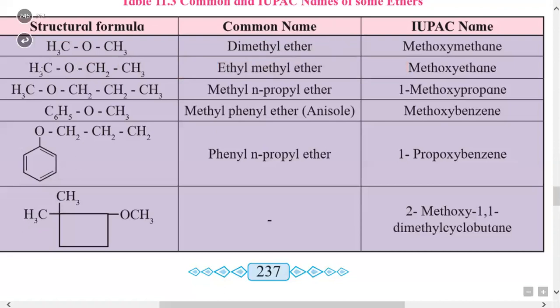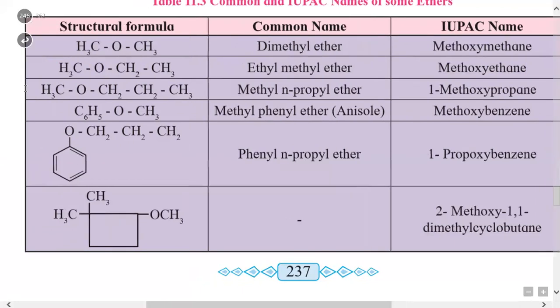Now in the IUPAC nomenclature, the CH3O group is the small group with oxygen, named methoxy, and this is a large alkyl group. It is 2 carbon containing, therefore the name of the alkane part is ethane, and the correct IUPAC name of this ether is methoxyethane.